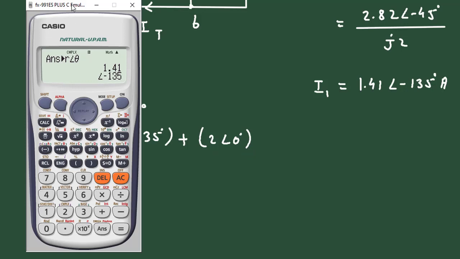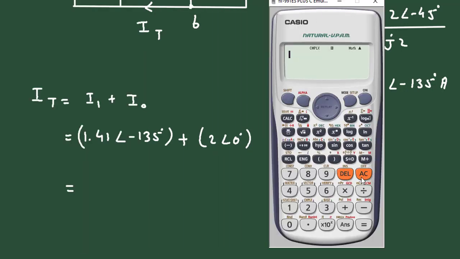Now let's solve this in calculator. 1.41 at an angle minus 135, bracket close, then plus 2 at an angle 0.